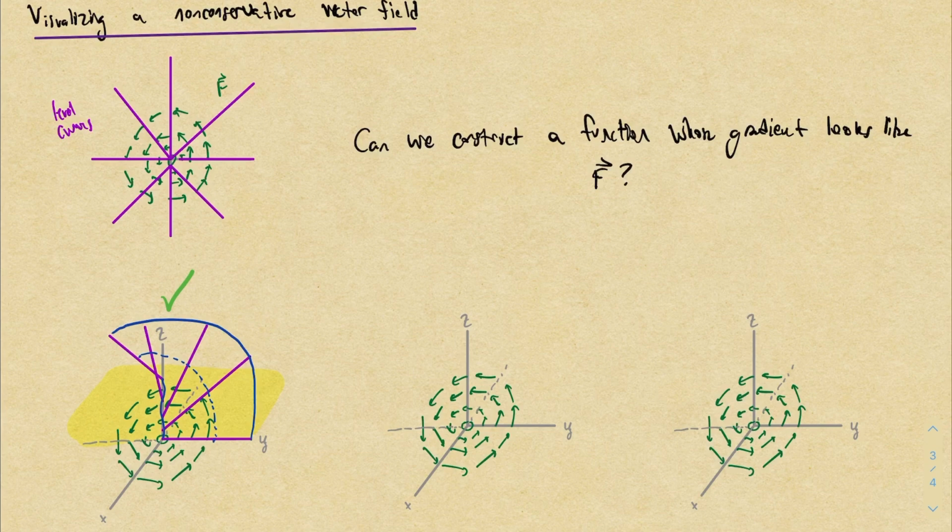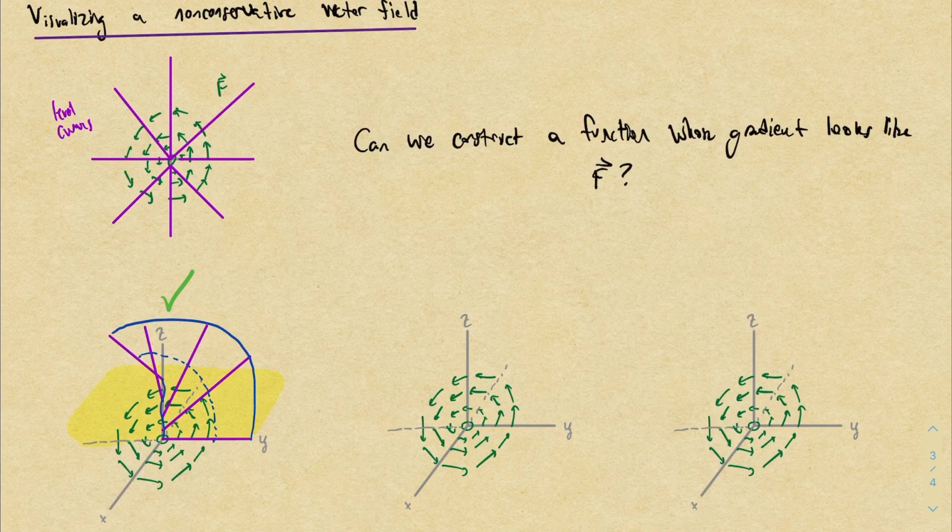Well, let's keep going. Let's try a slightly bigger domain. Let's consider the domain which is everything except the first quadrant. On the domain picture, that would look something like this. Again, if we want to find a potential function, we want to find a graph which is increasing along the vector field.